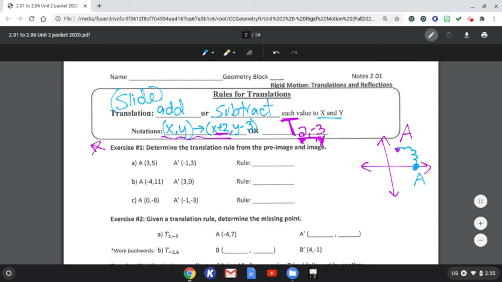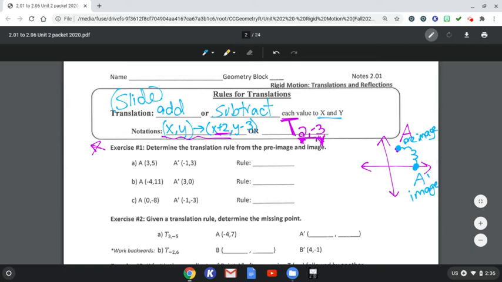We name the new point A prime. So this A prime is called the image. It's the new version. And the original point is called the pre-image. So that's where you start is the pre-image before you've moved to the new image.